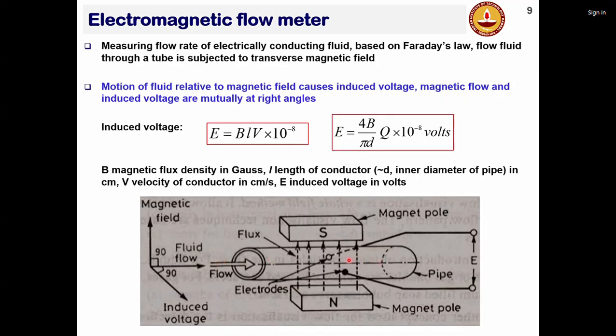When the fluid flows, the magnetic field lines get disturbed, and it is basically Faraday's law. This is the direction of motion, this is the direction of the magnetic field, and the third direction gives you the direction of the EMF, the electromotive force generated. So when there is flow, the fluid cuts through these magnetic lines, and hence there is an electromotive force, EMF, generated across these two electrodes.